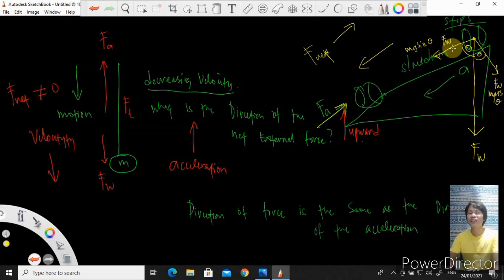Sana na-gets yun. Ang point ko lang naman dyan, class, yung net force is the same as the direction of acceleration. So, ang net force mo dito, pababa. Ang acceleration mo, pababa pa din sa inclined plane. Okay? So, sana na-gets yun.